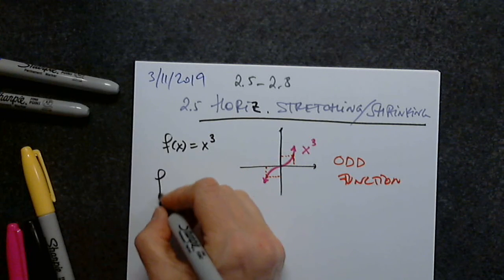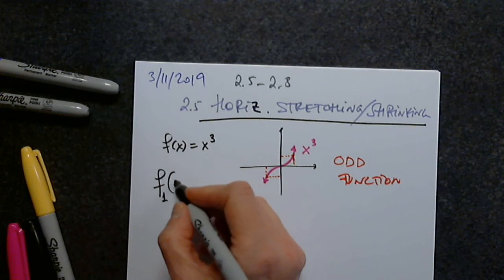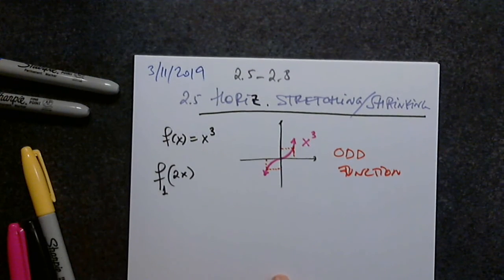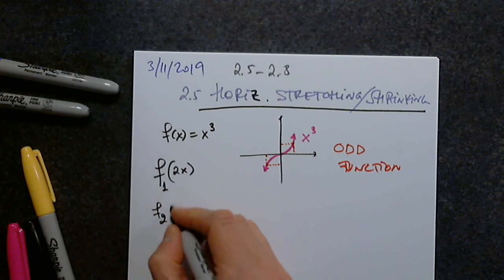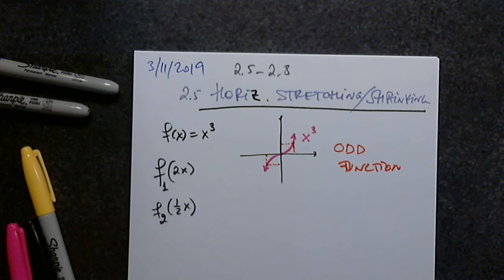Now let's suppose I would like to graph f1 of 2x, and another one, let's say f2 of 1/2 x. Like with any transformation, what is the first thought? The first thought is, what am I changing? Am I changing x? If I say yes, then there is a transformation on the horizontal.